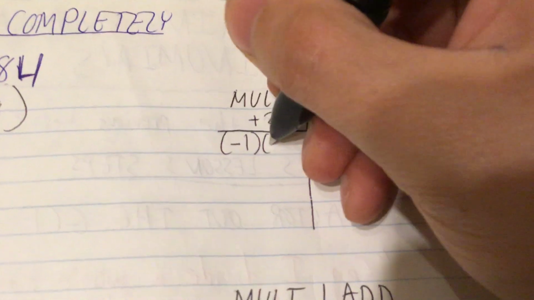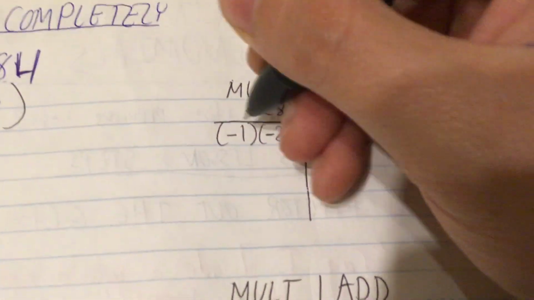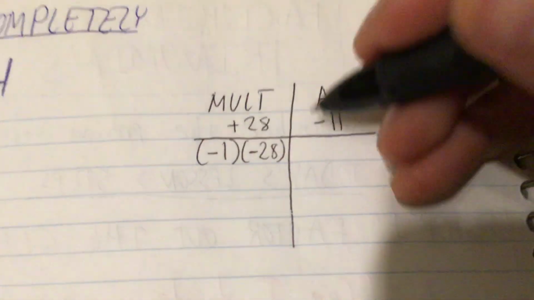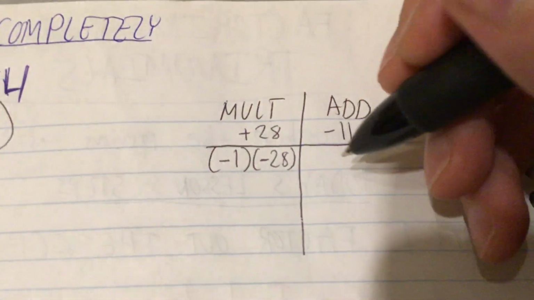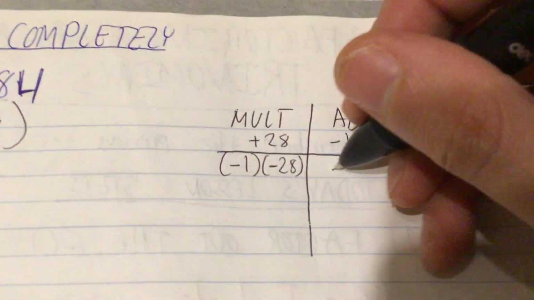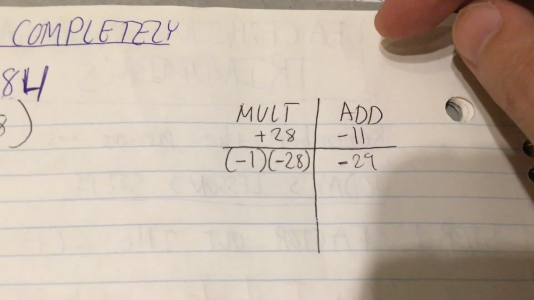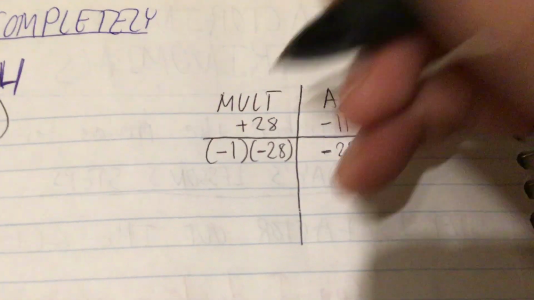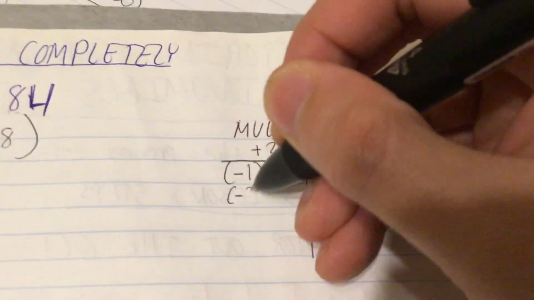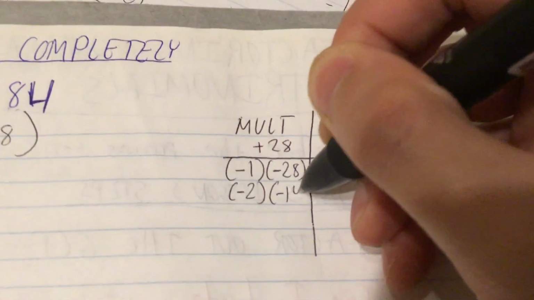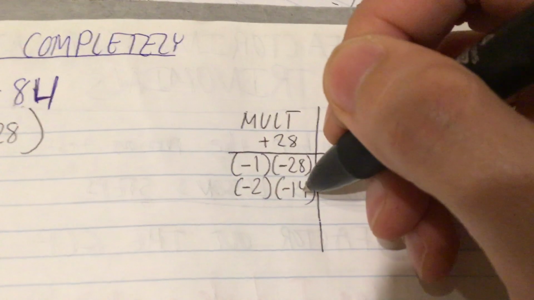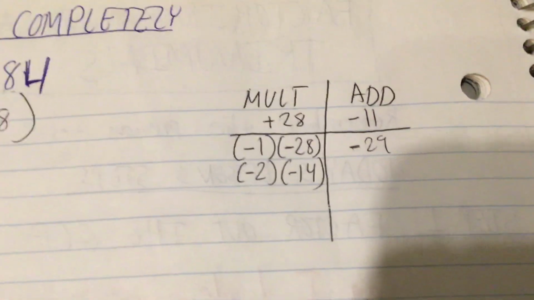Negative 1, negative 28. Negative 1 times negative 28 is 28. Negative 1 plus negative 28 is negative 29. That doesn't work. Let's try 2. Can I divide by 2? Yeah. Negative 2, negative 14. Negative 2 times negative 14 is positive 28.